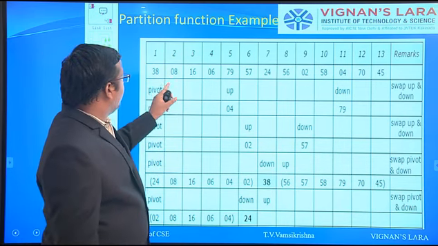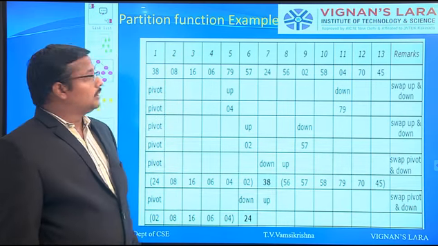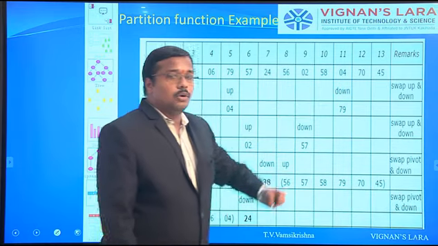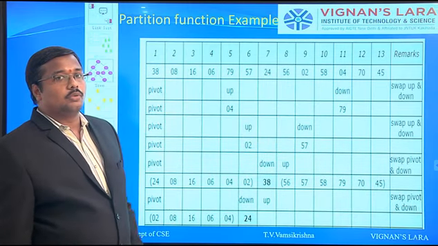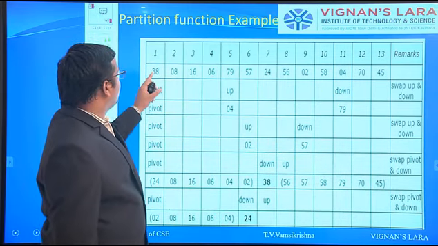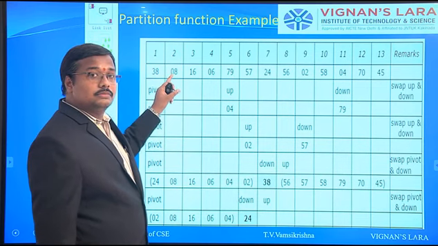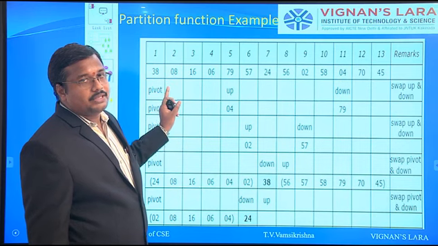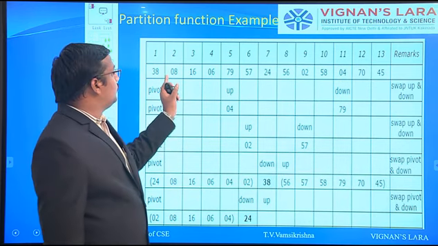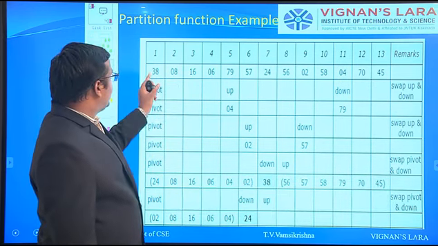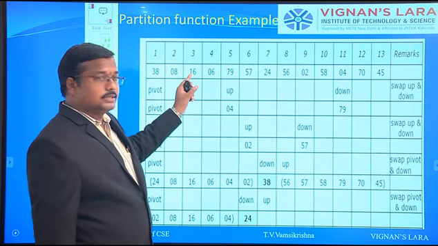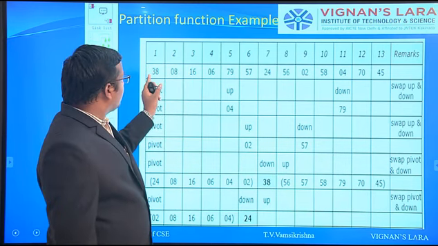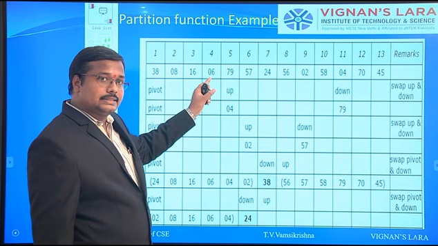Next we start up here and down there. Compared to 38, 8 is less, yes, true, so move to the next. Compared to 38, 16 is less. Compared to 38, 6 is less.